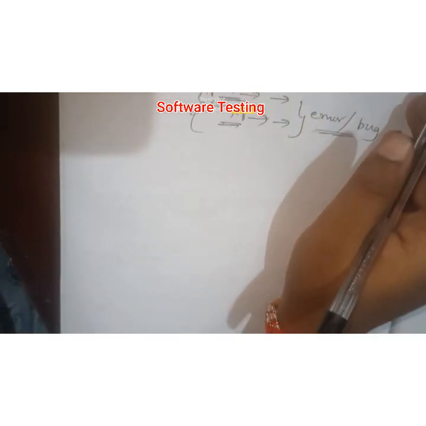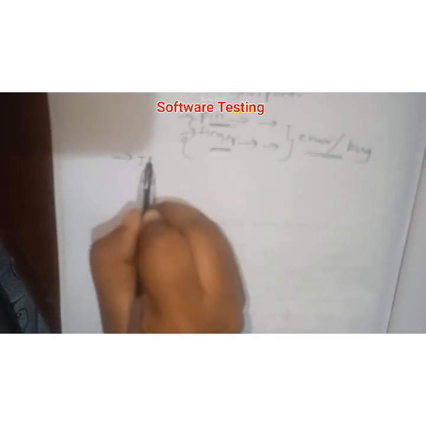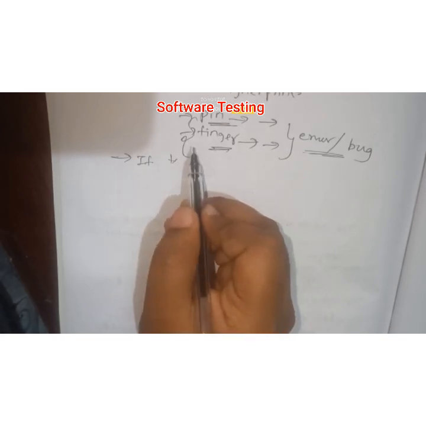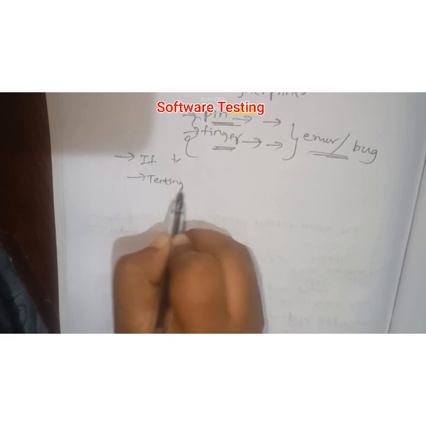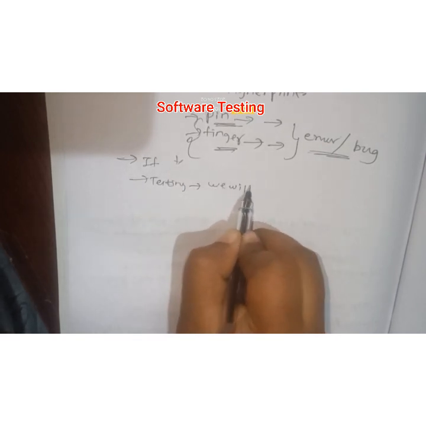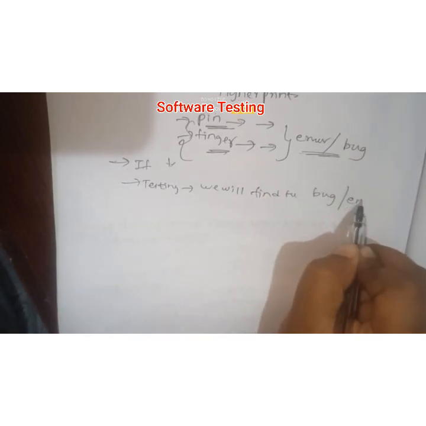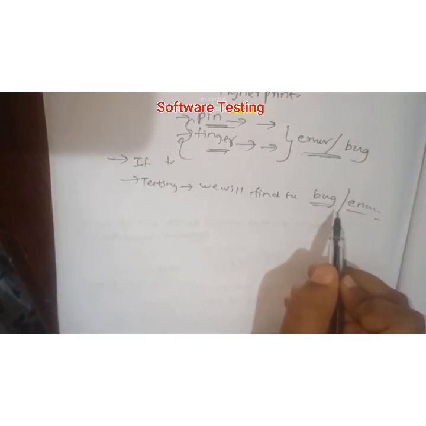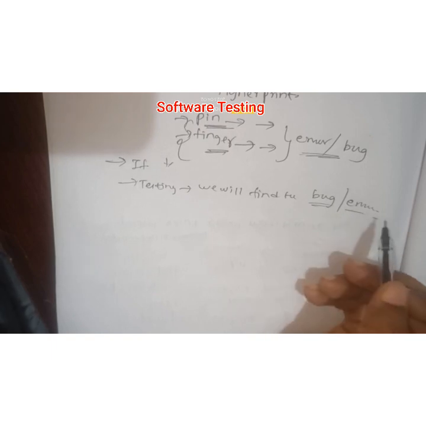So to get rid of these types of situations, once the application is developed, we do a process called the testing process. In that testing process, we will find the bugs, errors, or anything that will stop the application from going into its flow of working.